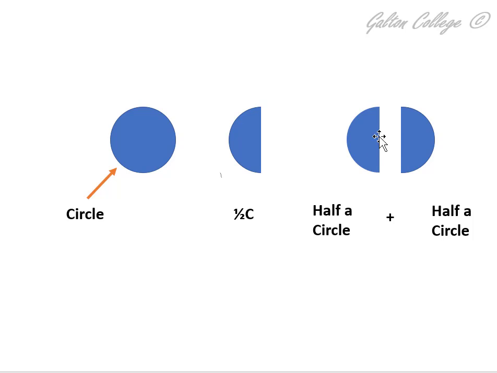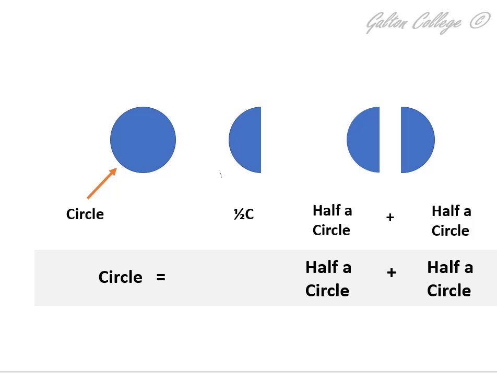I just pull them apart in a sense. And what we'd have is a circle is equal to half a circle plus half a circle. Now if I join those back up, I get back to here. Here is just pulled apart. So we have taken one circle and divided it into two parts.